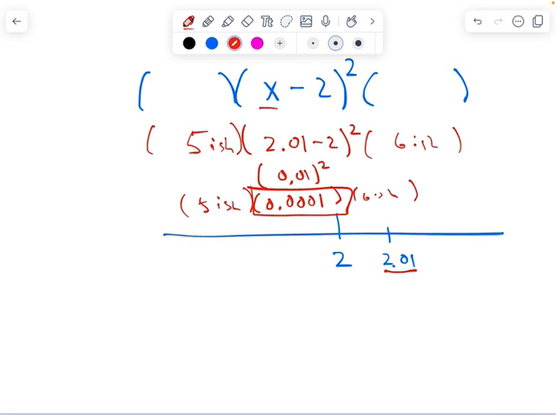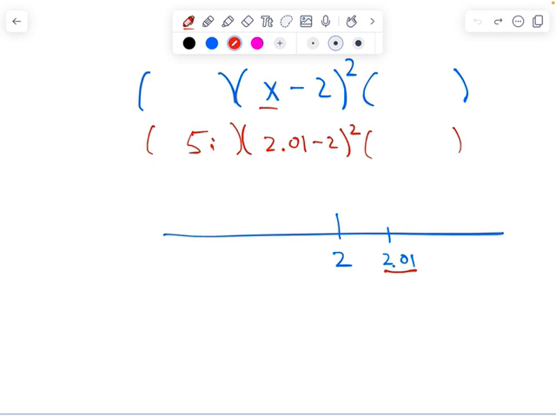The fact that when you get really close to 2 on the right-hand side, that almost 0 number multiplies by these other normalish numbers to produce something that's really, really close to 0. So that means on the right-hand side of this thing, despite all the other factors, despite everything else that's going on, you have a point right here that's really close to 0.